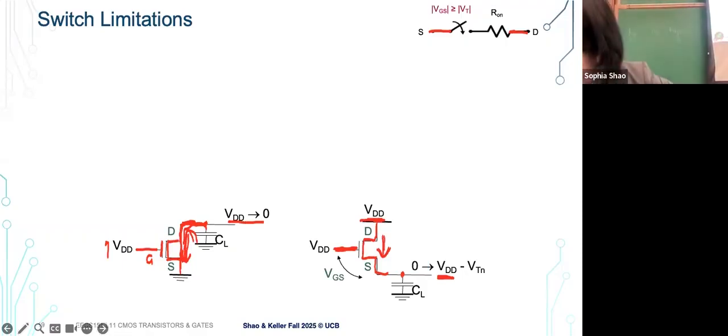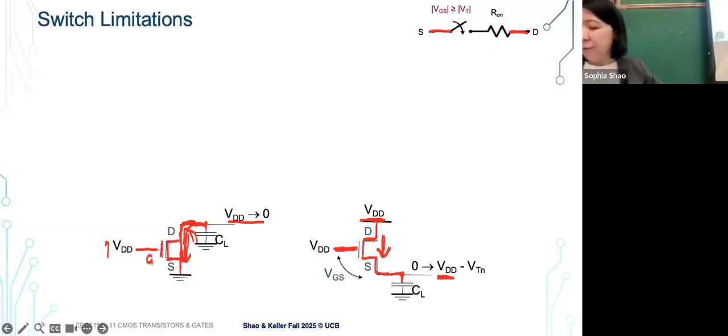But the question is, when we charge the output node to VDD, does it actually reach VDD? Can it reach the perfectly high voltage that we discussed before? No, because there is some internal resistance. Remember, we talked about the voltage difference between the terminals.